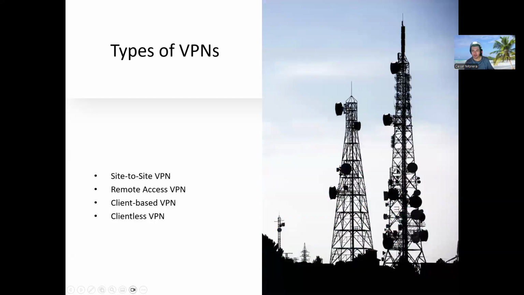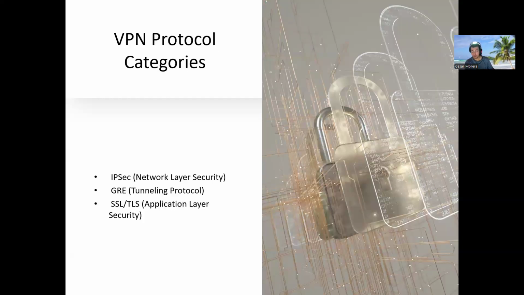What are some of the types of VPNs? Site-to-site VPN, remote access VPN, client-based VPN, and clientless VPN. These are some of them. Let's talk about the VPN protocol categories. We're talking about network layer security, tunneling protocol, and application layer security.